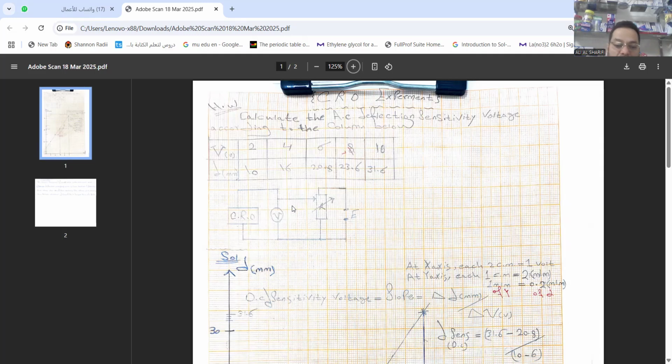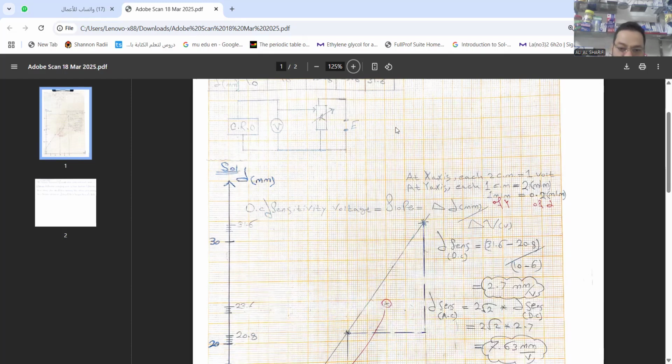And this voltmeter, you can use it to record and manage these numbers, and at last the CRO.